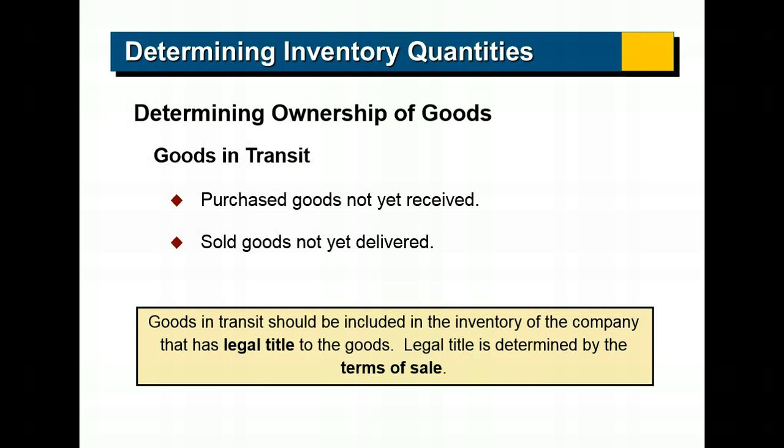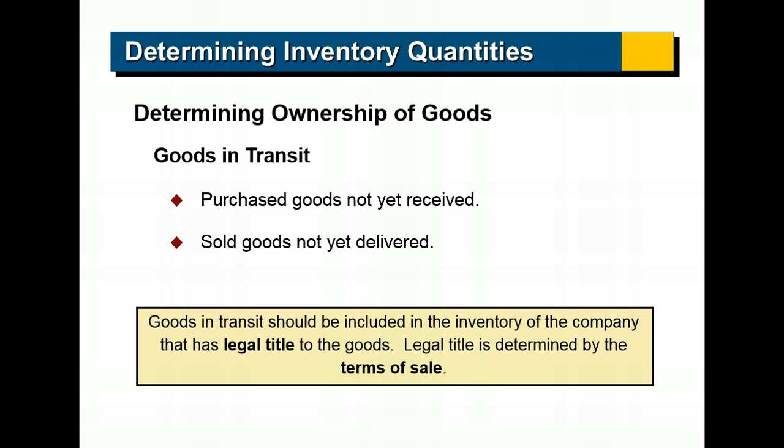Now, one key with how we determine what's in inventory is we need to understand when the ownership transfers from a seller to a buyer, or from a buyer to a seller. So when we're dealing with inventory and we purchase goods, the terms of the arrangement determine if we own these goods or not.